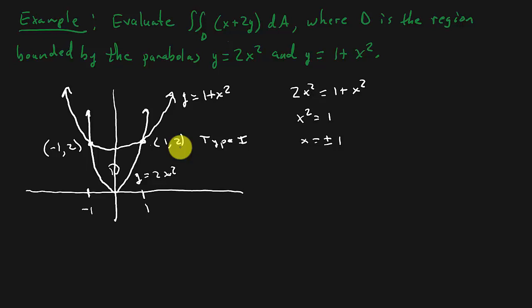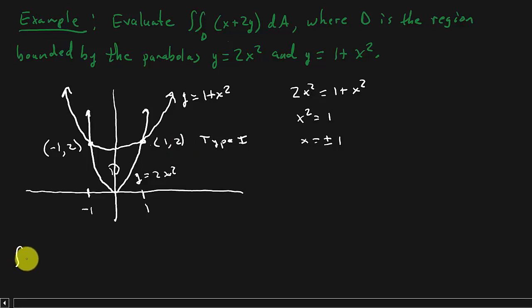All right. So let's look at it. Let's set up our integral. So we have the integral over D of x plus 2y dA is equal to the integral. Okay, so we're with the type 1, and notice the function that's on top is a function in terms of x, and then we've got a function in terms of x on the bottom.